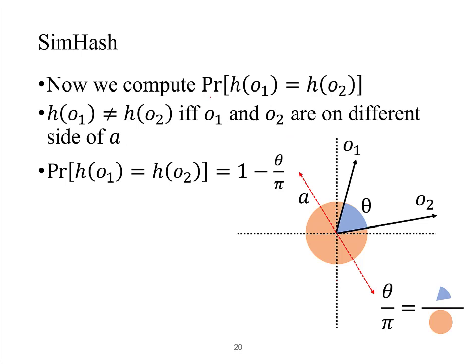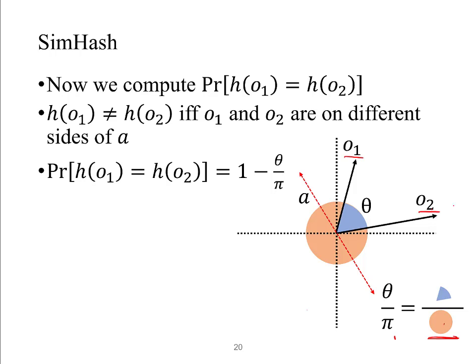So let's again compute the probability of O1 and O2 having the same hash value. Right. So we know that O1 and O2 are different if and only if they are on different sides of A. To be precise, it actually should be on different sides of the hyperplane that uses A as its normal vector. All right. So anyway, let's look at the example here.